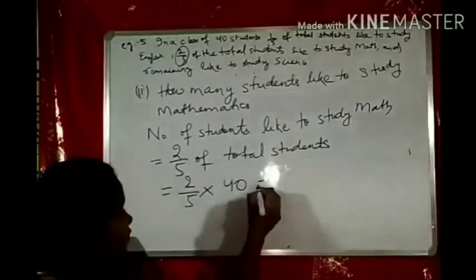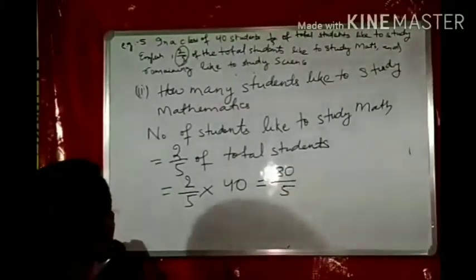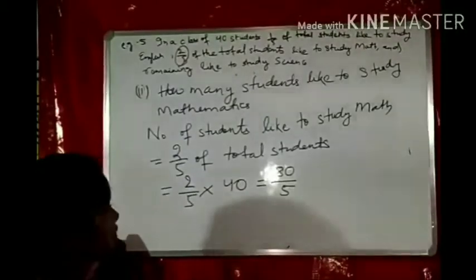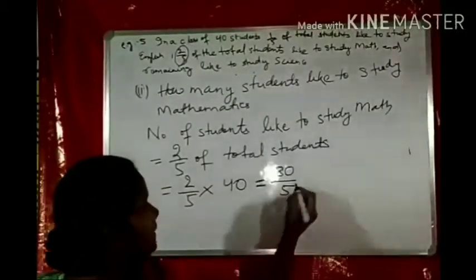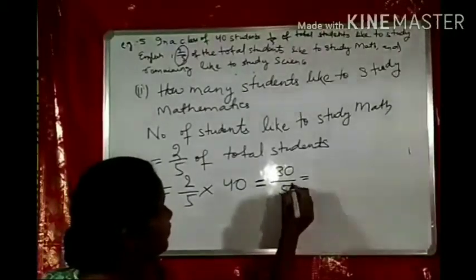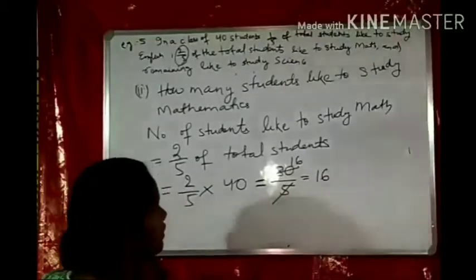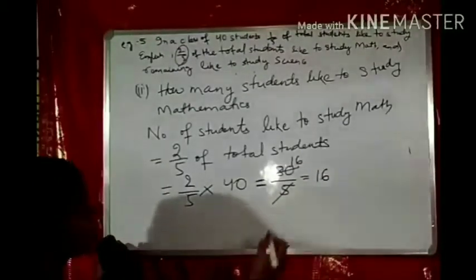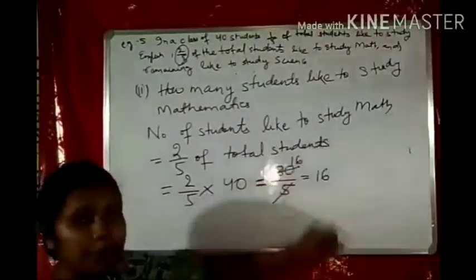So 2 into 40 equals 80 by 5. So this is what? 5 times 16 is 80. So the answer is what? 16. So 16 students are liking to study math.